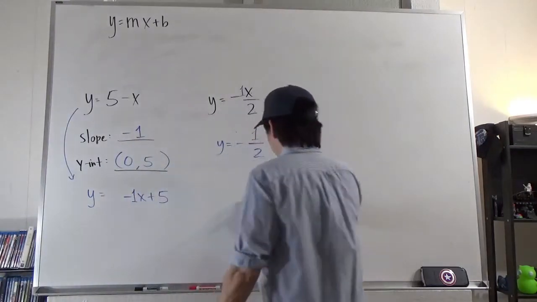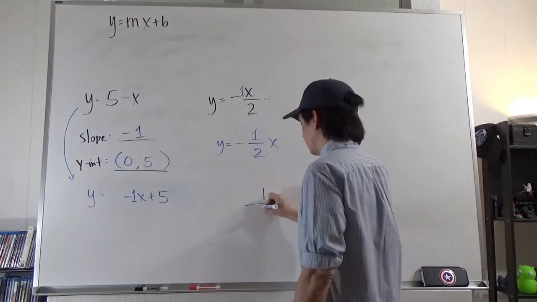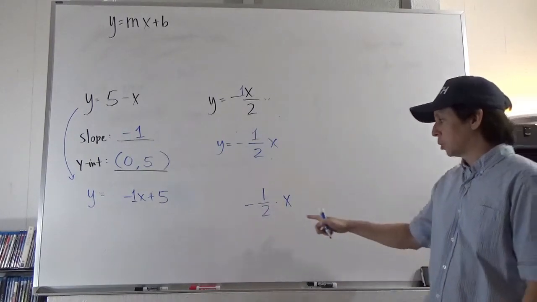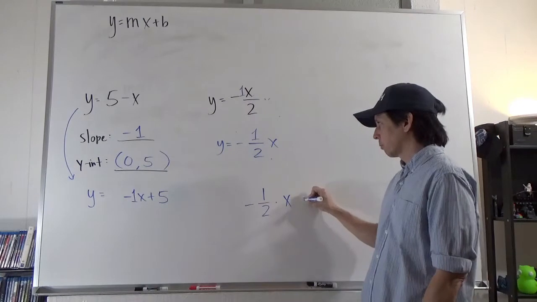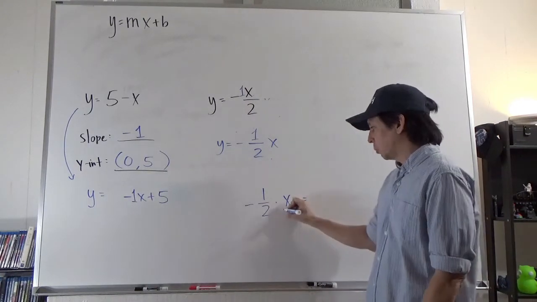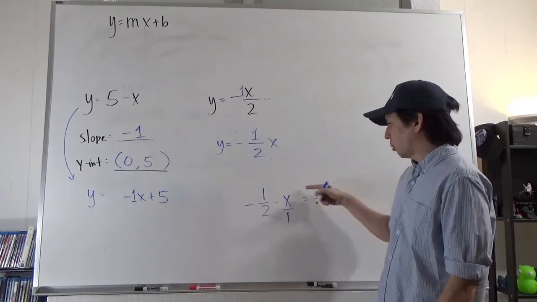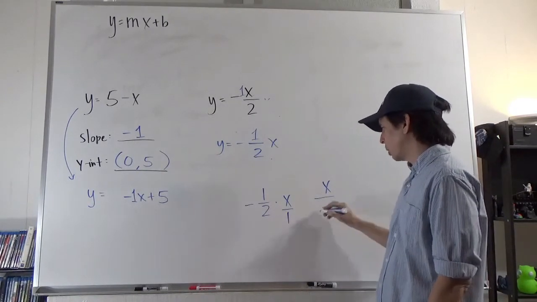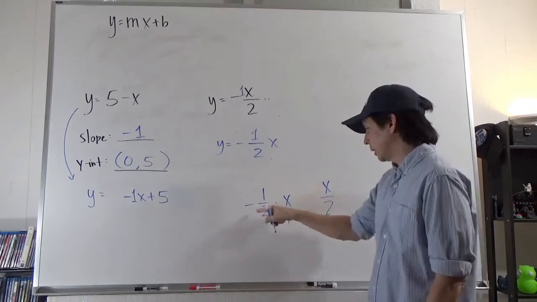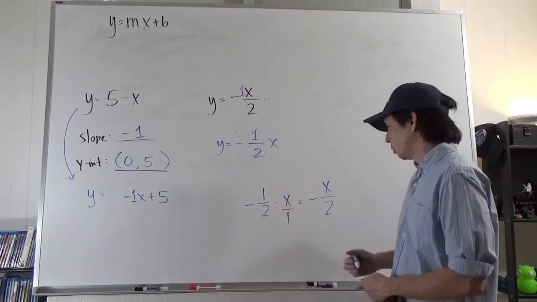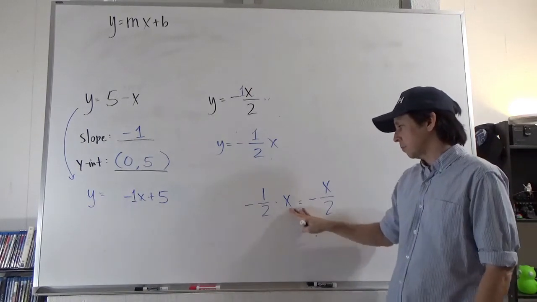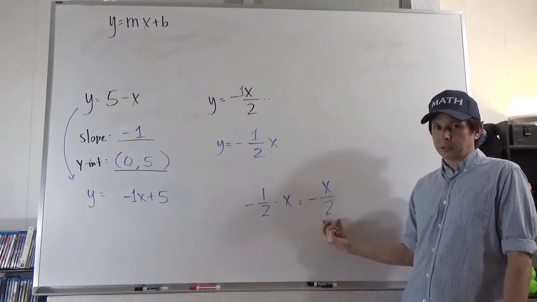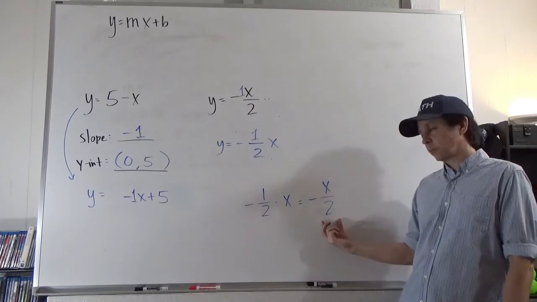We did problems like this before where we crammed it together as one expression. If I want to put this together as one fraction, I would put this over 1. I would multiply the top, which is the 1 times x now. Multiply the bottom, which is the 2 times the 1. And that negative would carry over. So that's me taking that expression, negative 1/2 times x, and cramming it together as one fraction. The x ends up on top, the 2 stays on the bottom, the negative's still there.